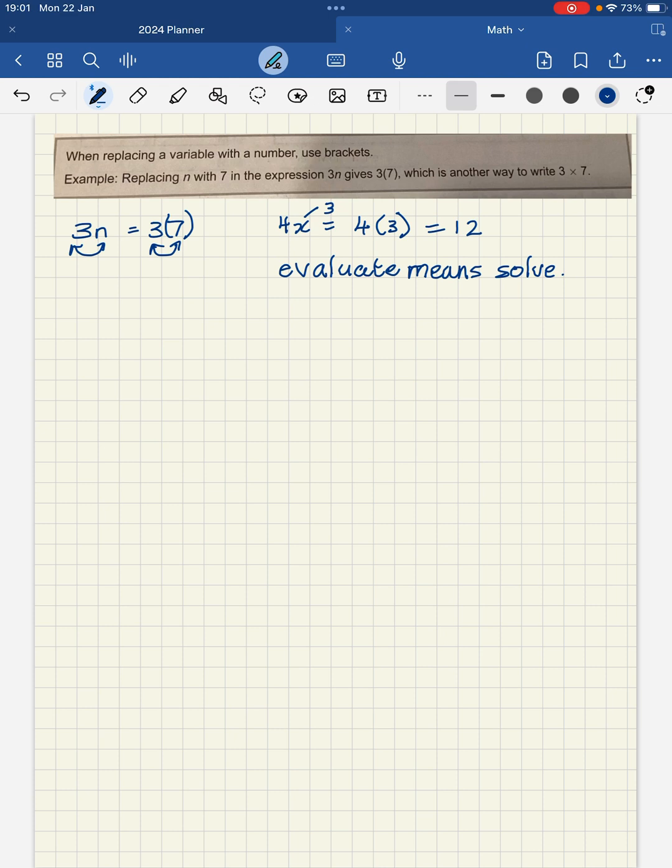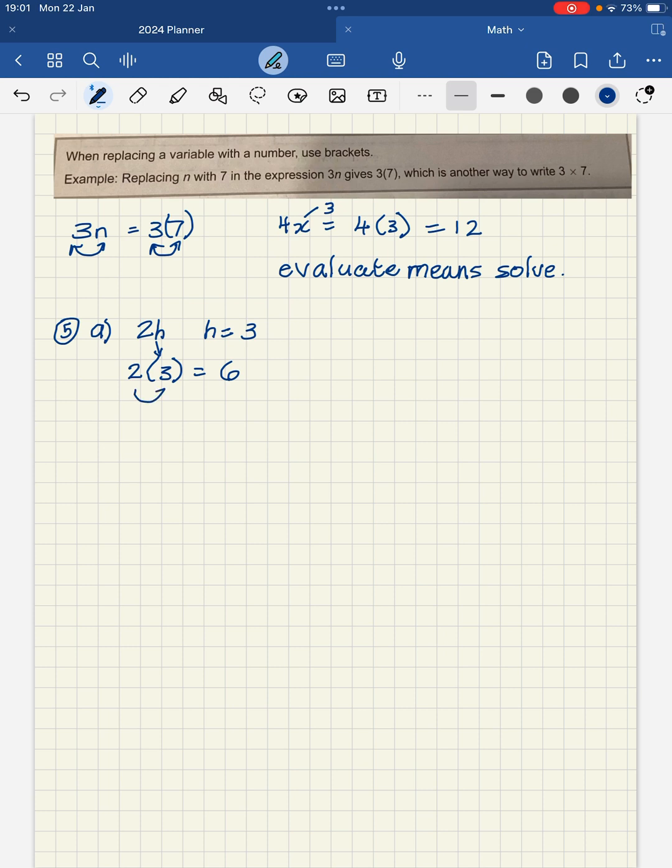And then for question 5, so this is your last question for today. It says replace the variable with the given number and then evaluate. So for question A, it says 2h, that's your question. H needs to equal 3. So I'm going to plug 3 into the h part. So I know I have to put a bracket, so I'm going to put a bracket replacing that h with 3, which equals 6, right?